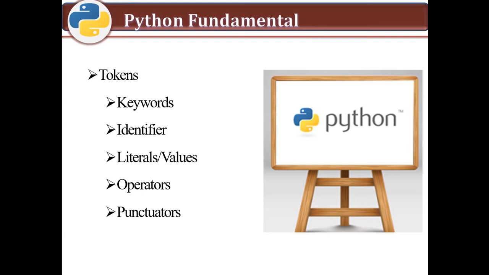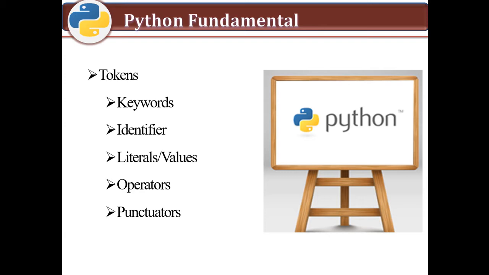Here we have to follow some rules for identifier names. For example, it is a sequence of letters and digits. The first character must be a letter or the underscore. If you use anything other than alphabets, digits or underscore in the names, it is treated as an invalid identifier.